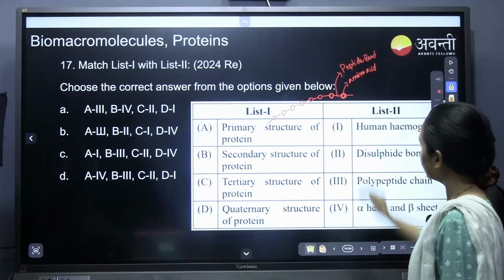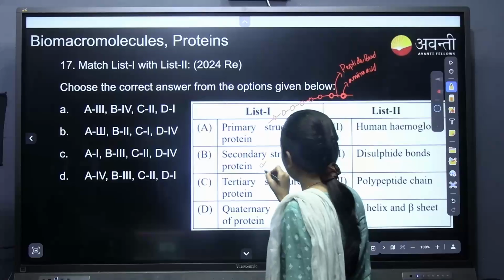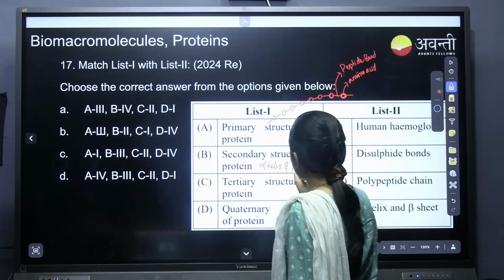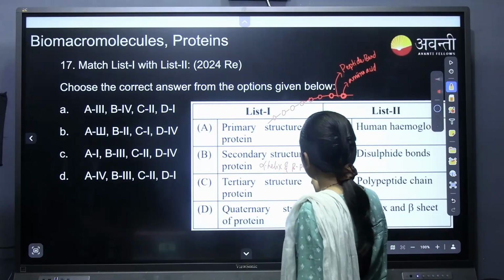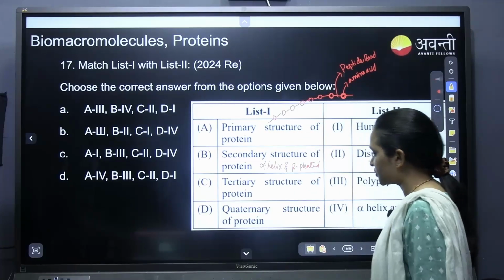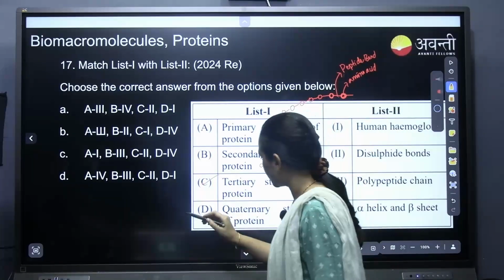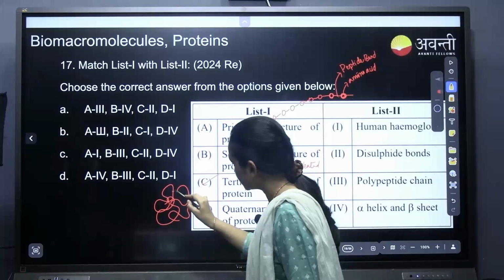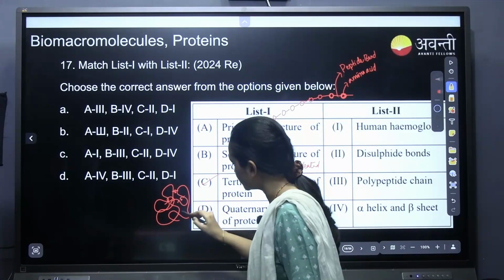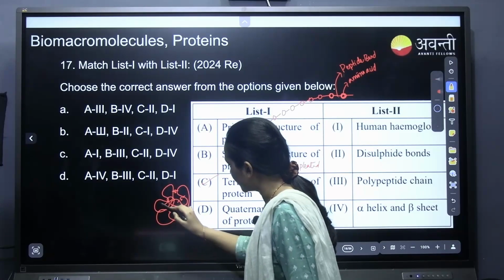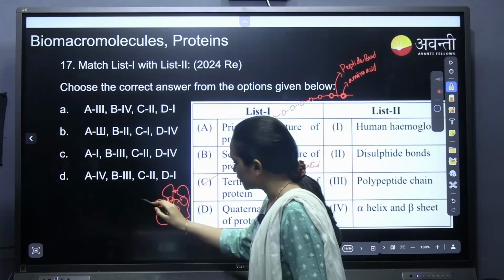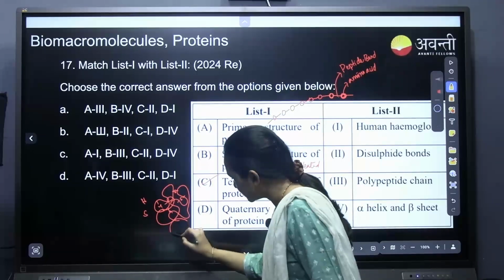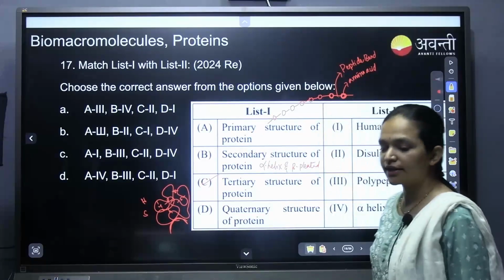What is secondary structure? Secondary structure is of two types, that is alpha helix and beta pleated. Tertiary structure is the more common type for our enzyme structure, where it is bonded by sulfur bridges, and hydrogen bonds are also formed. It makes a pocket-like structure where the substrate can come and bind.